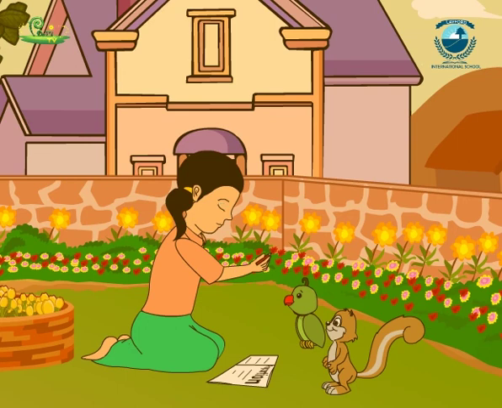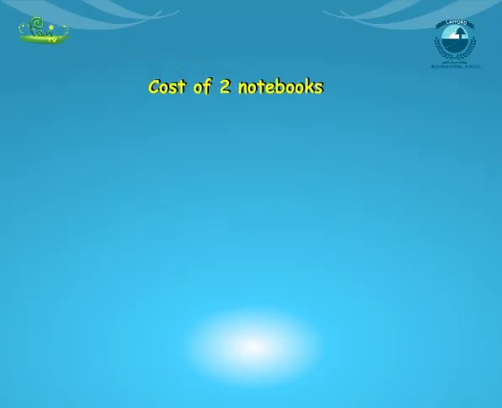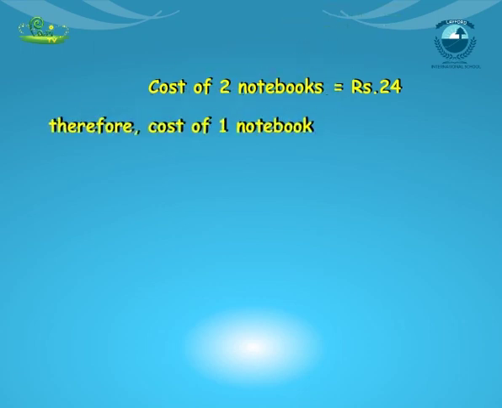So, in this problem we have cost of 2 notebooks, which is 24 rupees. To find the cost of 6 notebooks, first of all, we will find the cost of 1 notebook. Therefore, cost of 1 notebook will be rupees 24 divided by 2.